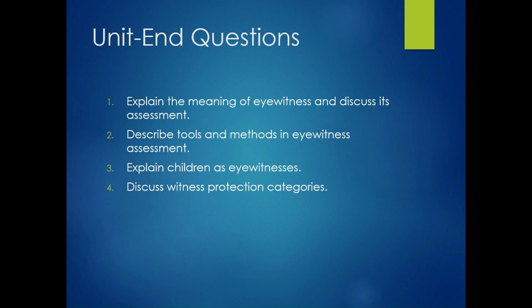With that, we come to the end of this unit. To quickly summarize, eyewitnesses provide crucial psychological and factual input in criminal justice. However, since memory is not very accurate all the time, their testimony has to be carefully assessed using tools like cognitive interview, BEOSP, or lineup tests, and all of those assessment tools that we have just studied.